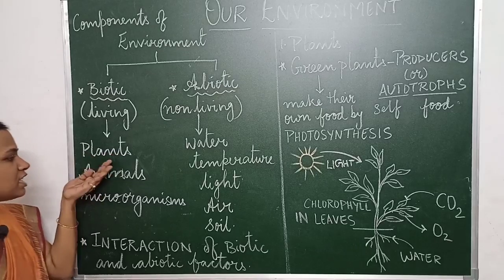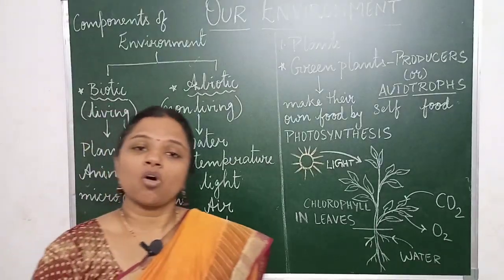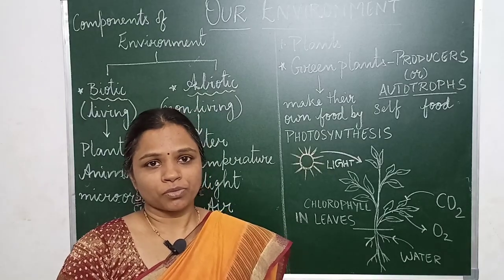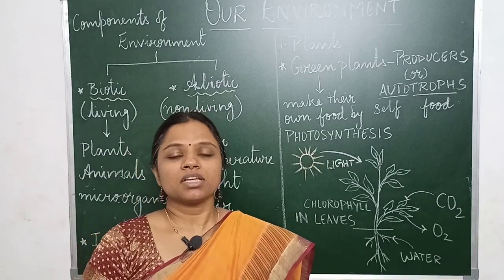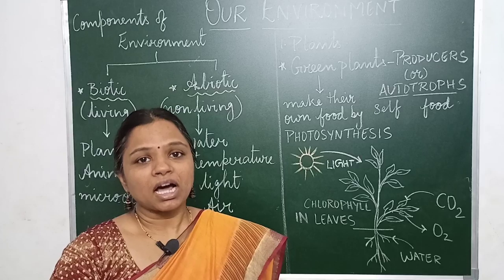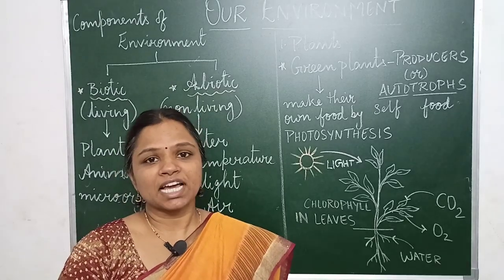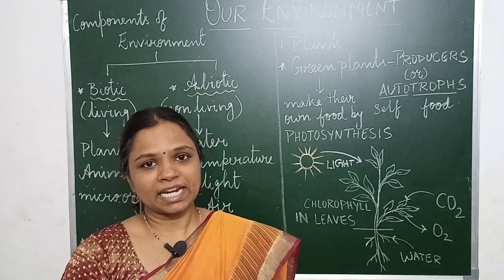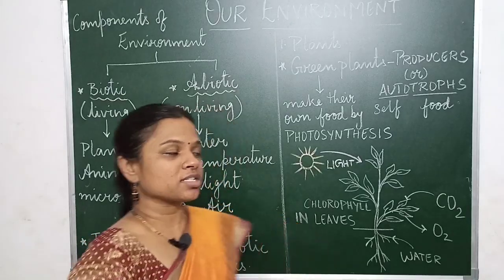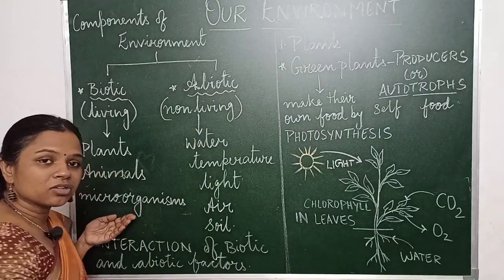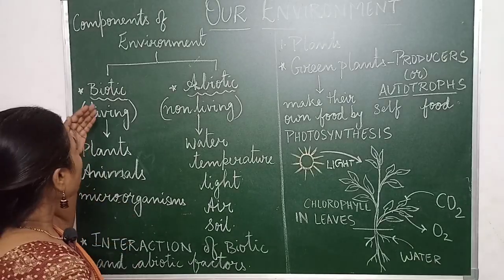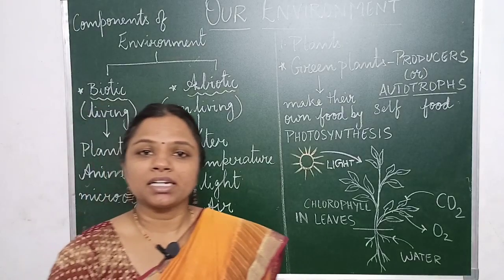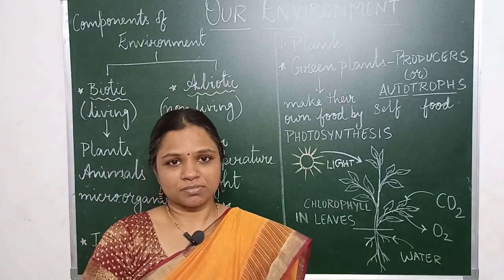Other than that, these plants and animals are also dependent on the microorganisms. So what are these microorganisms? These microorganisms are the organisms which are very tiny and are not visible through the naked eye. So such type of organisms are called microorganisms. So all these three categories of organisms come under the living organisms.